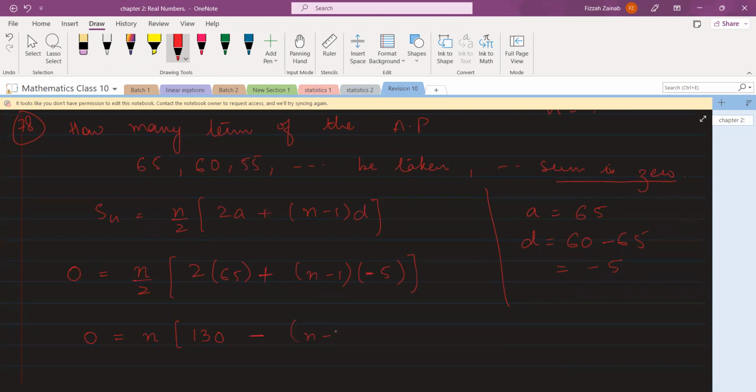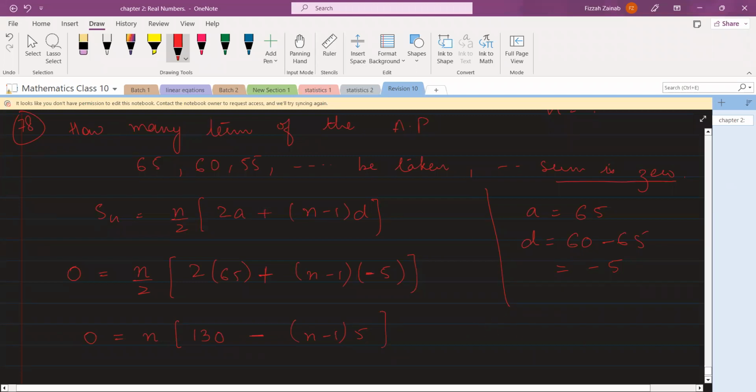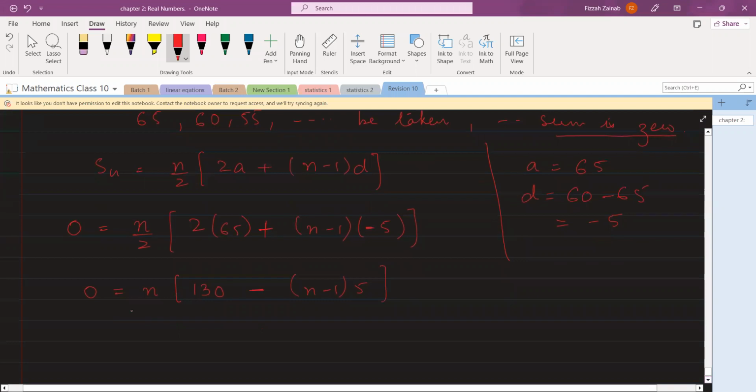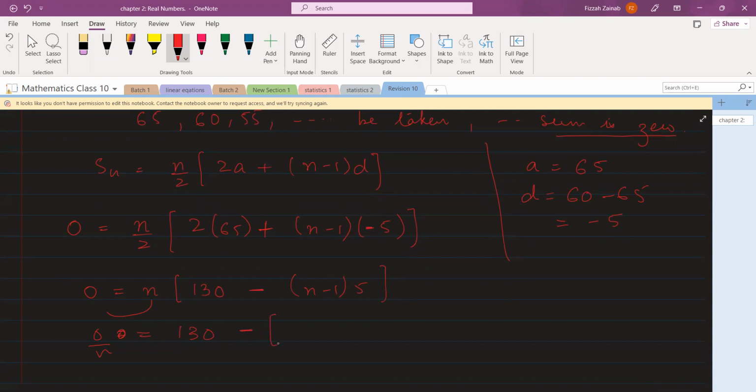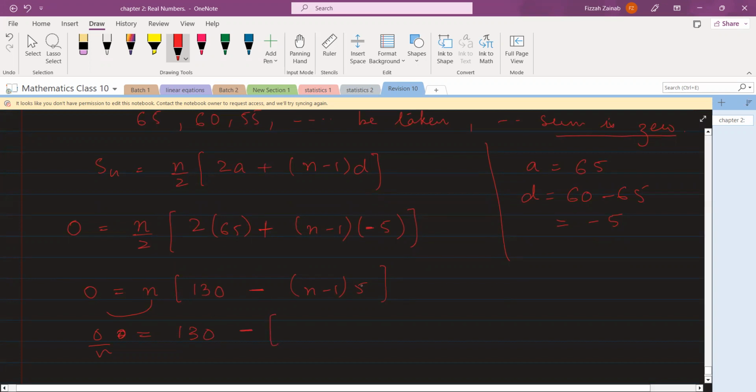Is that clear? So be careful with the sign here, okay? So 0 is equal to, and also if you can bring this n in the denominator, it will also become 0. So you only have 130 and minus, now put a bracket please, because you have minus outside. So 5 into n is 5n and minus of 5, right?